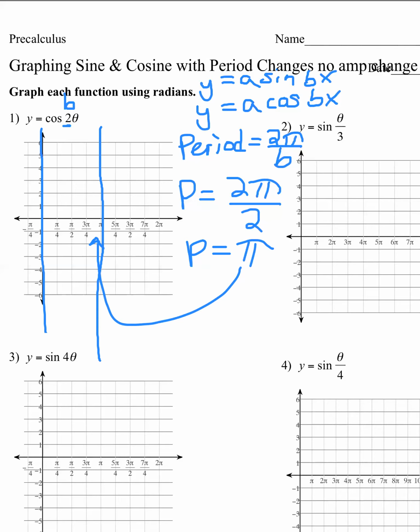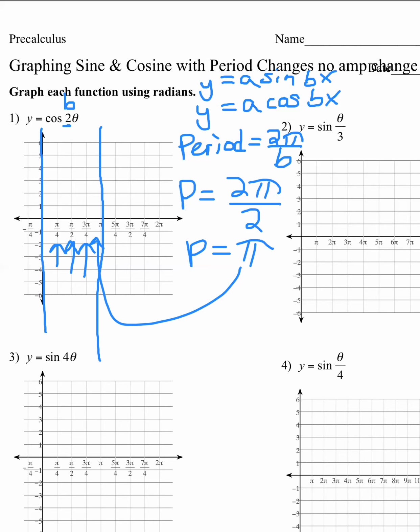Luckily, if my period is pi, I basically need to break it up into fourths, because I'm starting at 0. It's hard to describe, maybe it'll be better as we graph it. This one's nice and easy, and the numbers are already given to us, so I already have all the quarter points, as I call them. Sometimes those won't be labeled for you, but here we've got them.